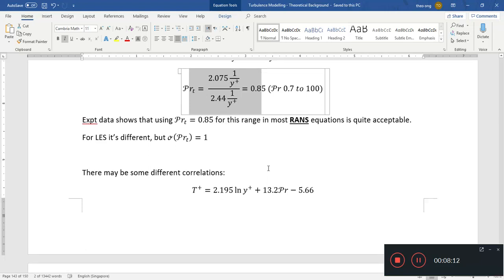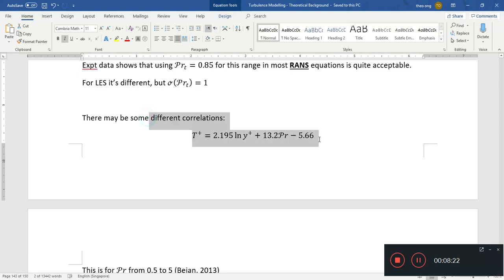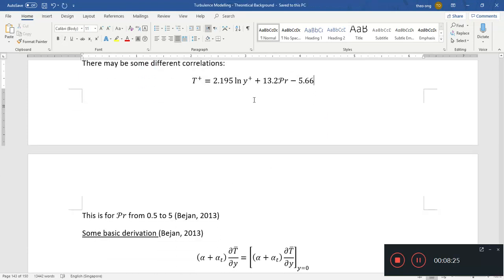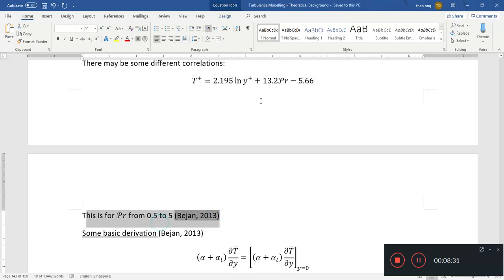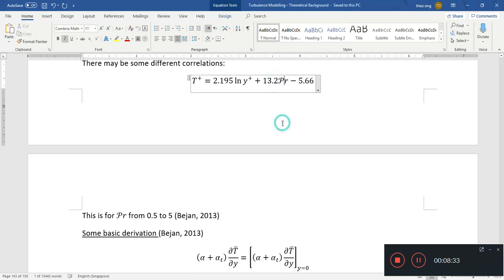This is the simplest case where you model all your turbulence rather than model part of it and resolve the rest as in LES. Now you may see some different correlations online. For example, this correlation is from Bejan's textbook, from 0.5 to 5, and you can see there's some Prandtl number dependence here.